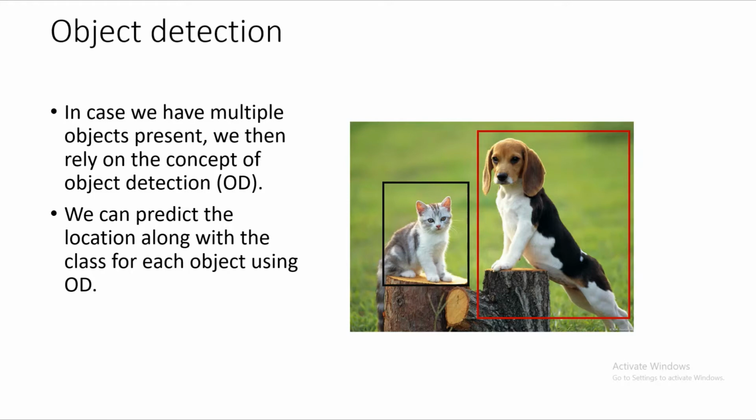Like here we have two animals, one dog and one cat, and these are of different categories. So the ideas we learn about image classification will be useful for classification with localization, and the ideas we learn for localization will turn out to be useful for object detection.